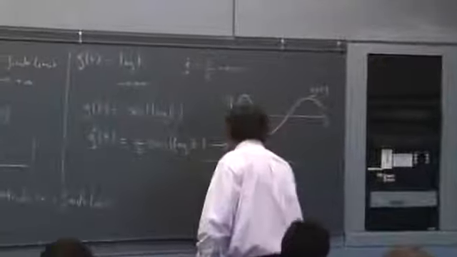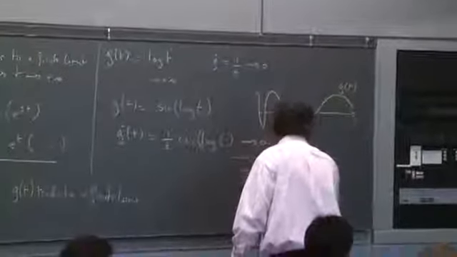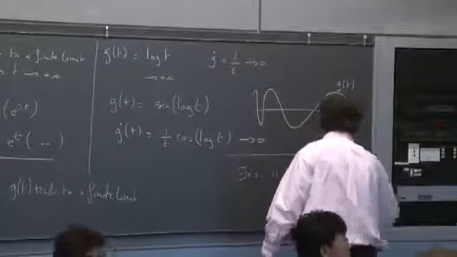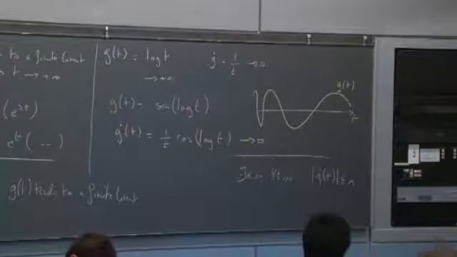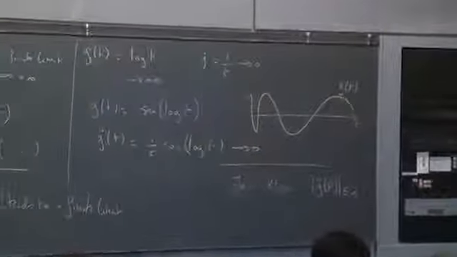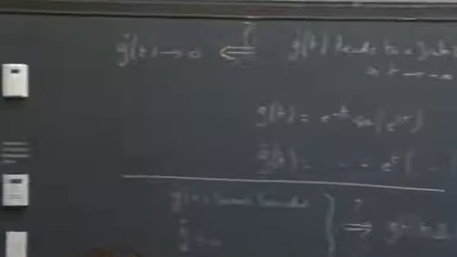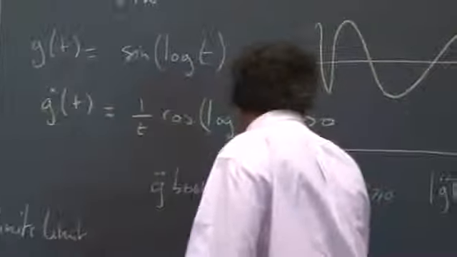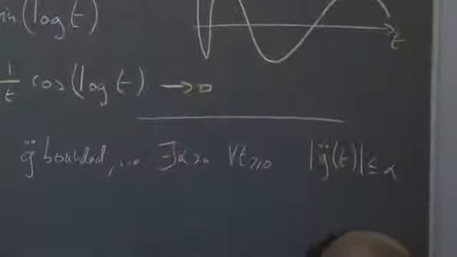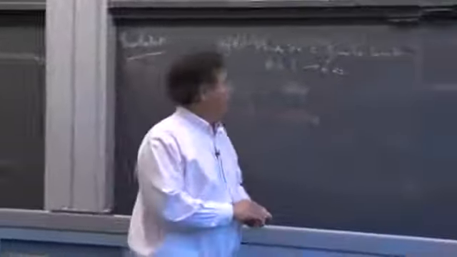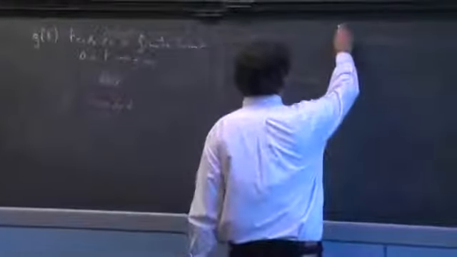We mean there exists some alpha such that for any t, the absolute value of g double dot of t is less than alpha. That's what bounded means. So one possible condition is that g double dot is bounded.